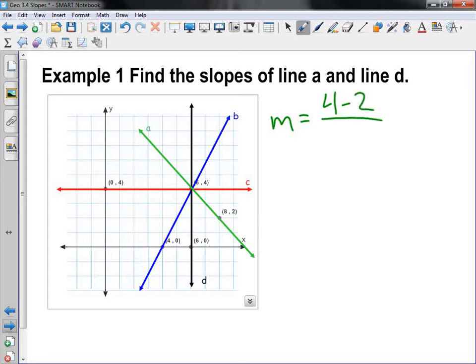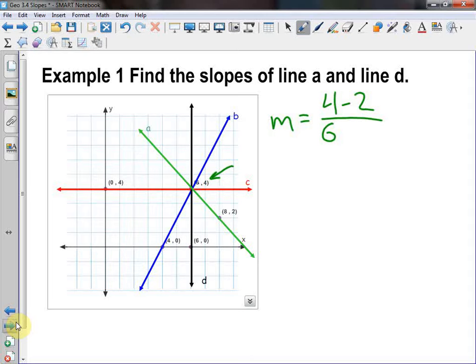Now, could you have gone 2 first? Yes. The key, though, is once you choose a point to be first, that point has to be first the whole time. You have to be consistent. So 4 goes first from right there. What other number has to go first? I think it's a 6. It kind of got covered up, but it's a 6. But if you do 2 take away 4, would it change the answer?